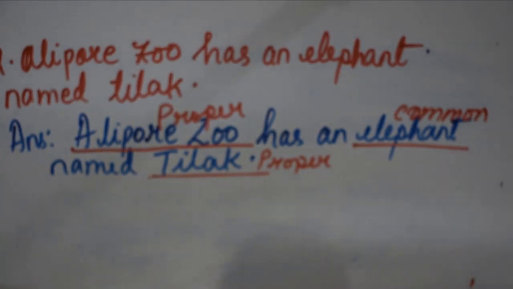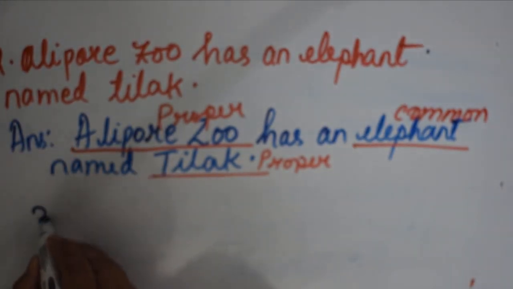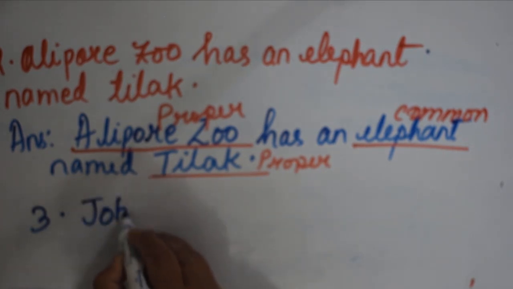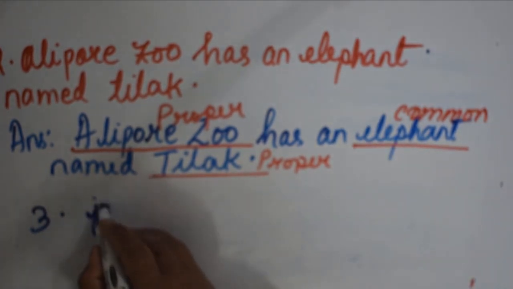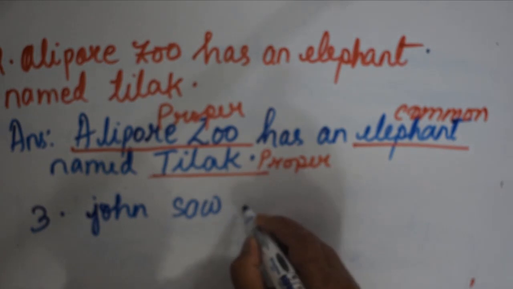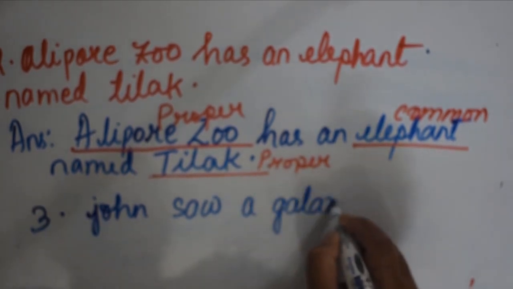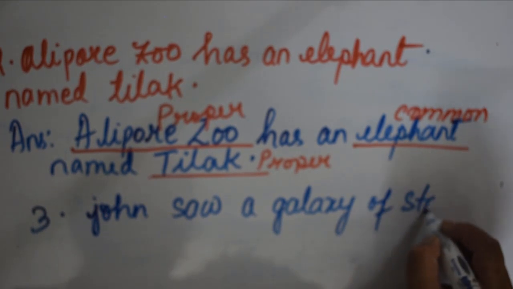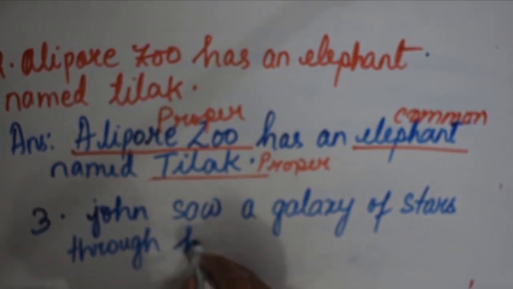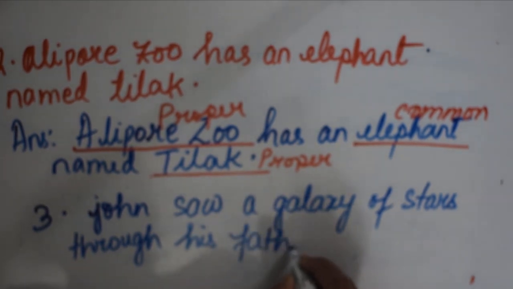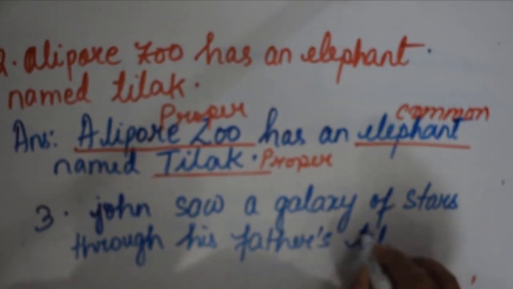The third sentence: John saw a galaxy of stars through his father's telescope.